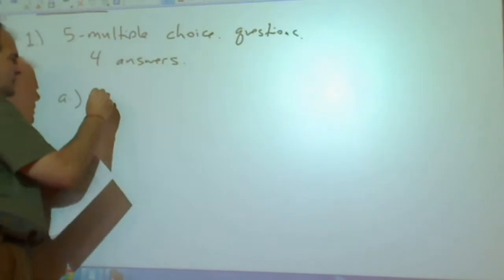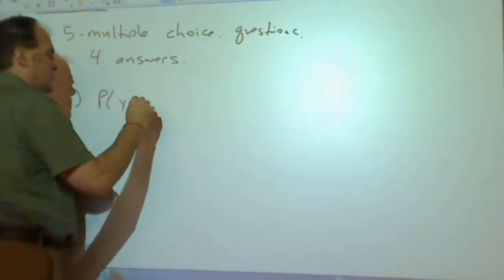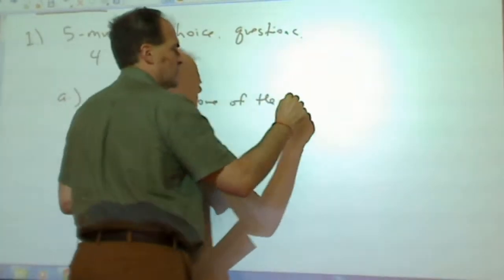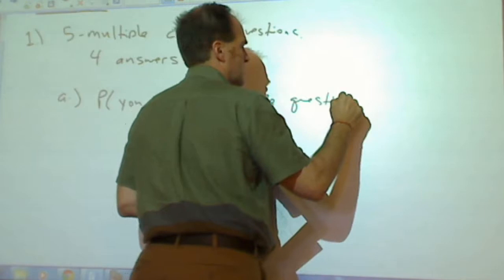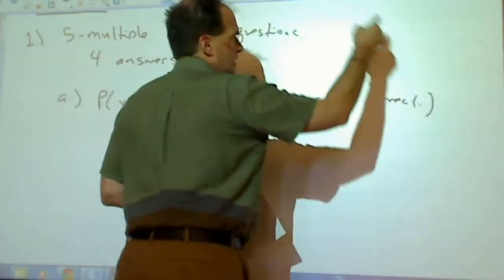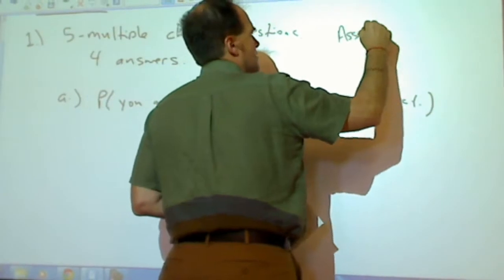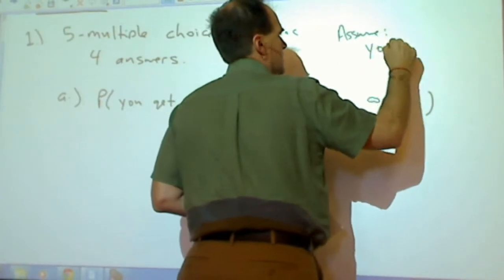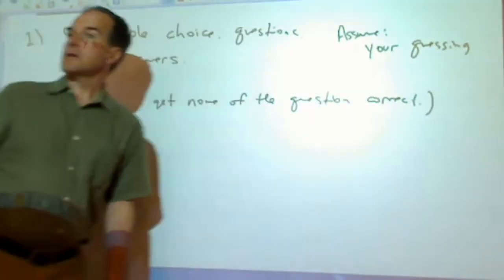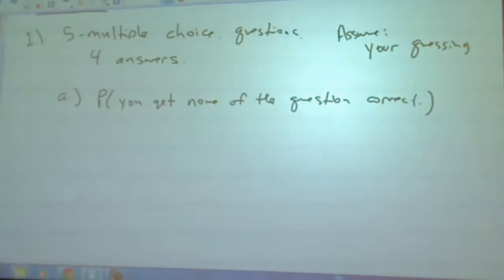What's the probability you get none of the questions correct? Okay, an assumption here. You're assuming you're guessing. So you are randomly guessing the answer. Okay. So I got 5 questions. Each of them has 4 choices, and you're randomly guessing.